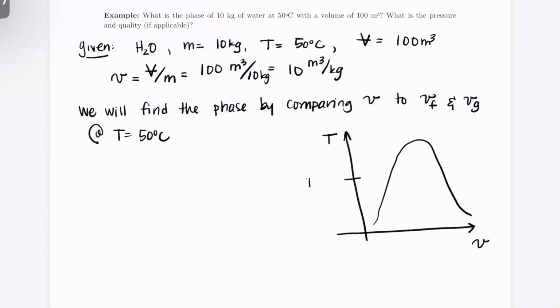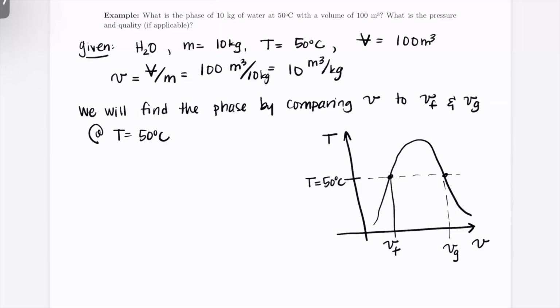And for T equals 50 degrees C, we want to figure out VF and VG. And then based on where 10 meters cubed per kilogram falls on that line, we'll know what the state is, right? Or the phase, sorry.